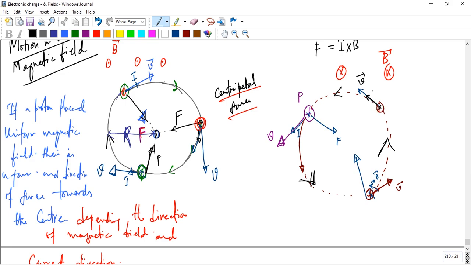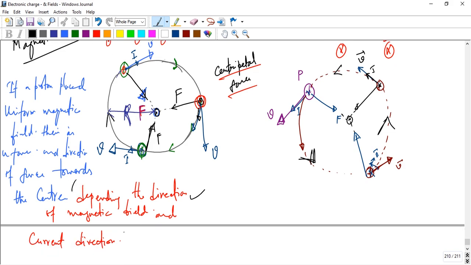So I cross B, obviously that's at the center. Clear? The direction is very important. Here it is the clockwise direction, here the anti-clockwise direction. So there is a value depending on the direction of the magnetic field and current direction. That's the key point.